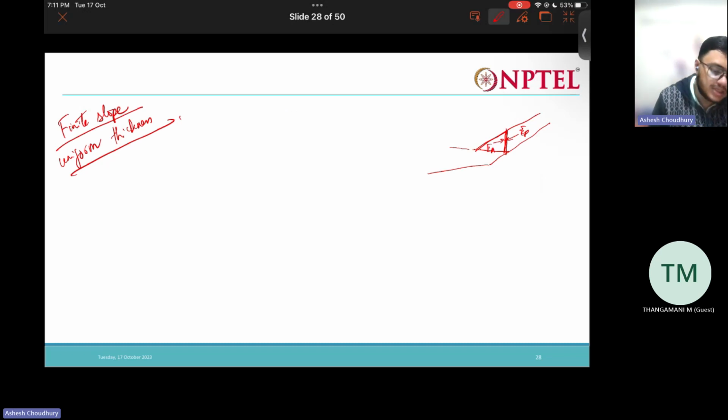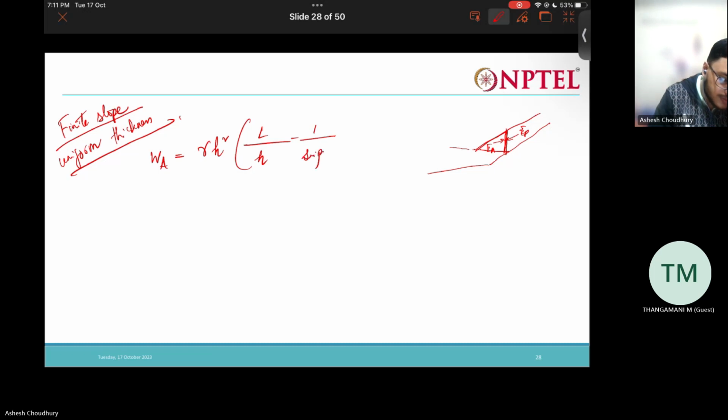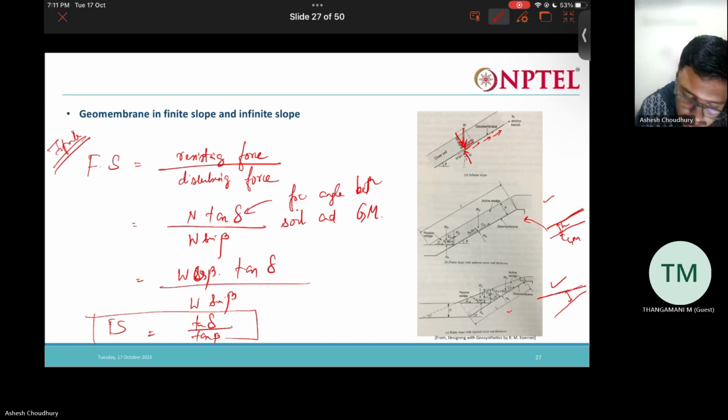So if we equate all those things, we get the total weight of the active wedge, gamma H square, related to this Na. Na is the normal force.